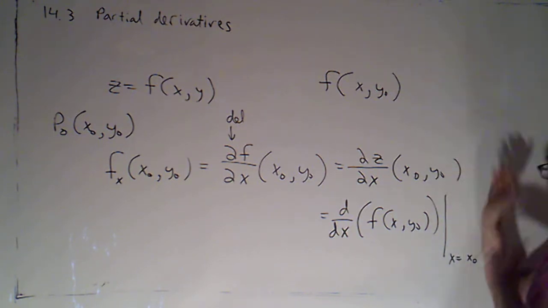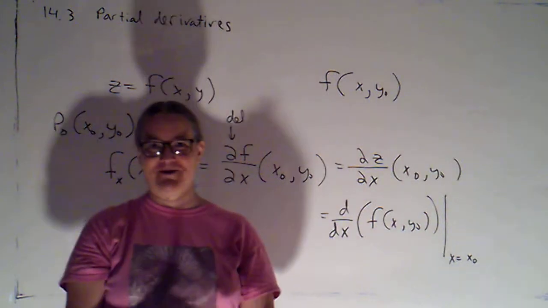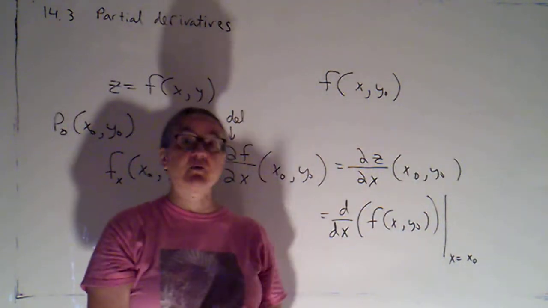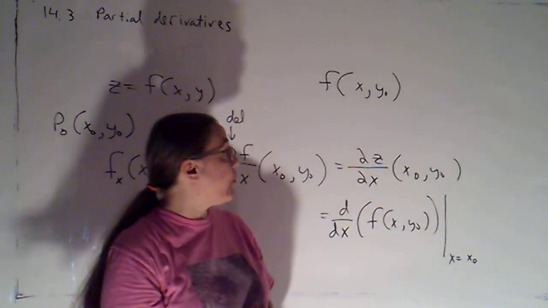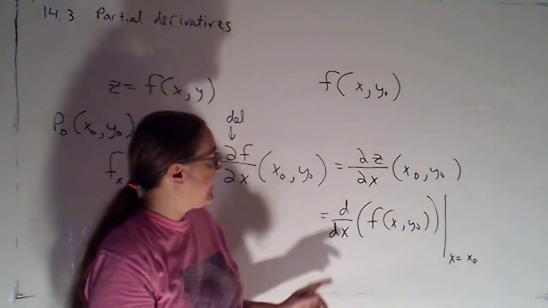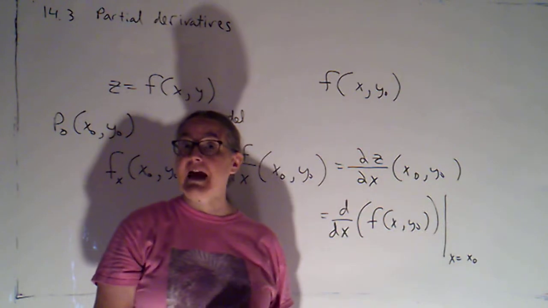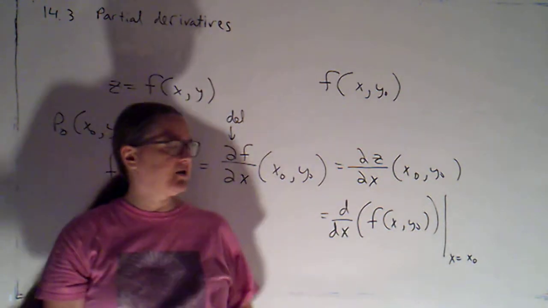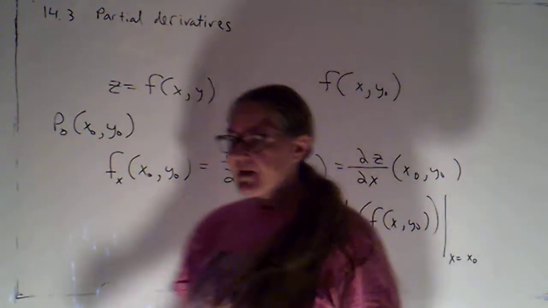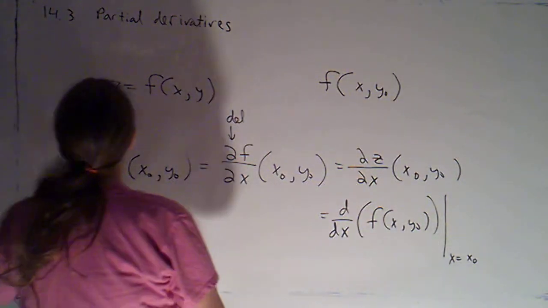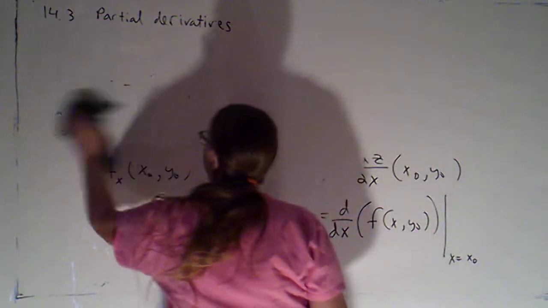So I hold y constant before I take the derivative. Then I take the derivative of that. I've created a function of one variable, and then after I take that derivative, I would evaluate it at that point. Let's take a look at a particular example, and we'll be able to see what this means graphically.